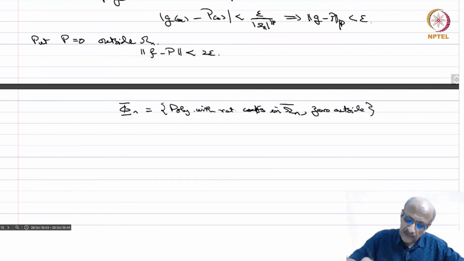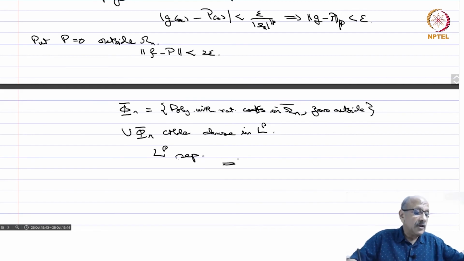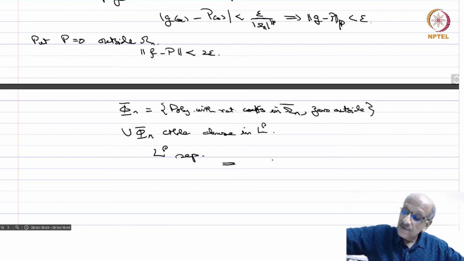So this is a countable set, and therefore the union of the Phi_n is countable, and we have just seen it is dense in L^p, and therefore L^p is separable. Okay, so this is the proof of this important corollary, which says that all the L^p spaces other than L infinity are separable. So what about L infinity itself?